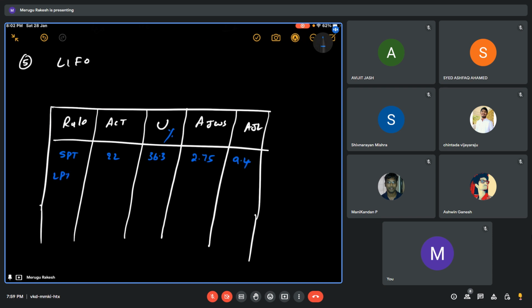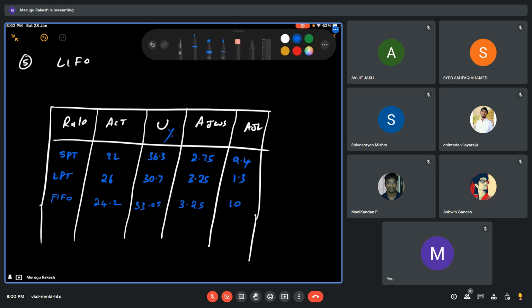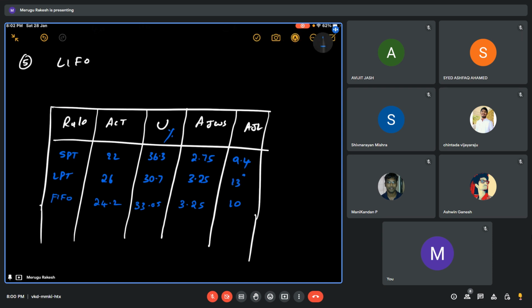Whereas LPT we got 13. So FIFO is in between SPT and LPT.